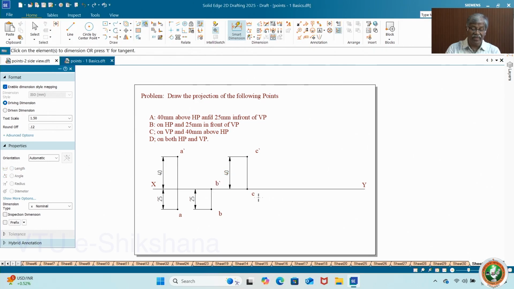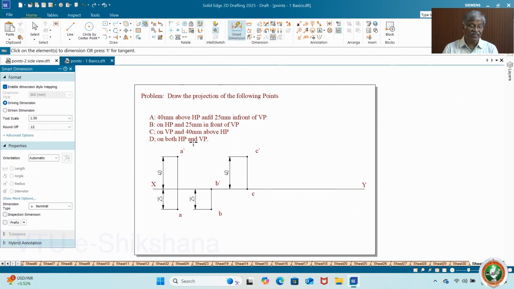You can ask me why not we keep C above XY line, why not B below XY line? Yes, we assume that always the point is in first quadrant. So whenever the point is in first quadrant, you always have the top view below, front view above. Based on that concept, you can keep C below.